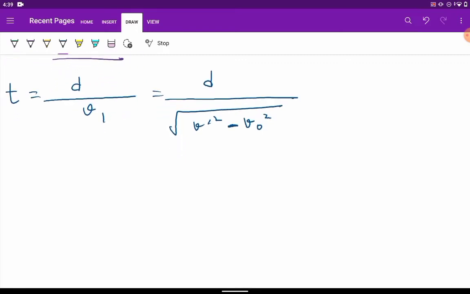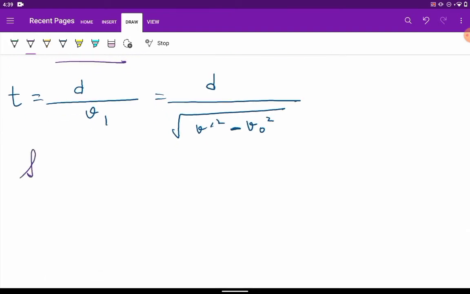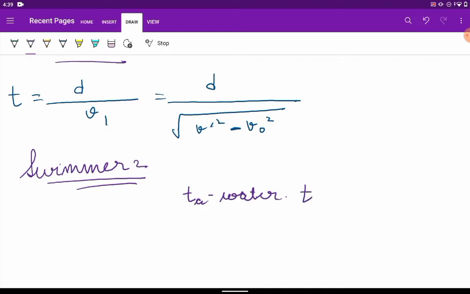Alright, now let's consider swimmer 2 again. Let's say for swimmer 2, TA is the time in water and TB is the time on land.